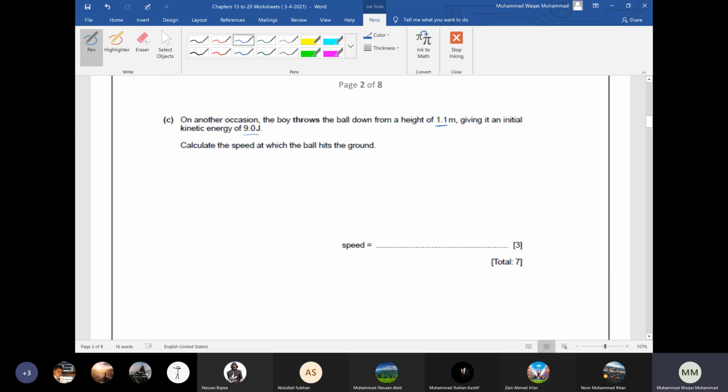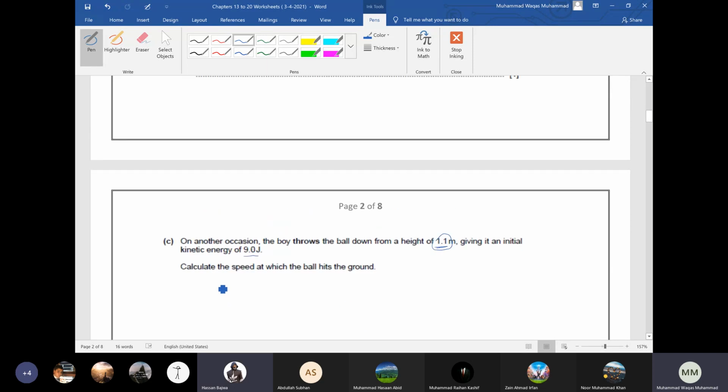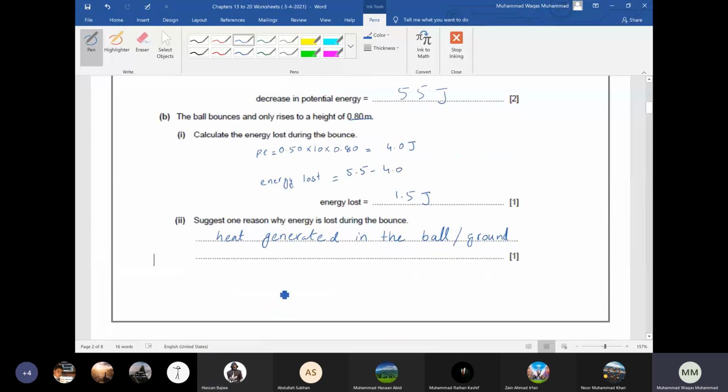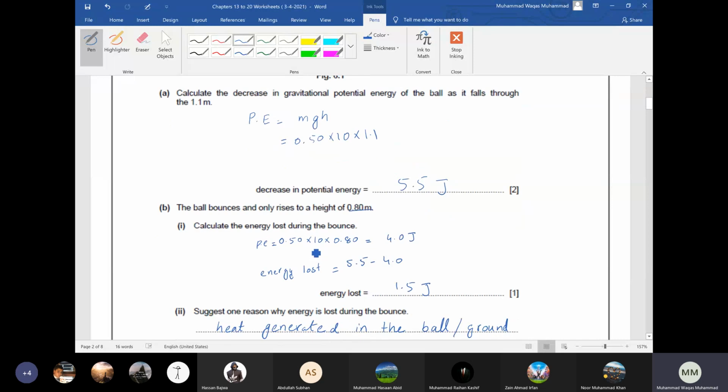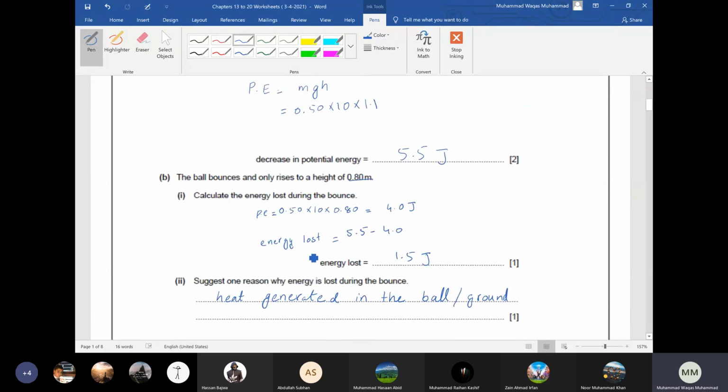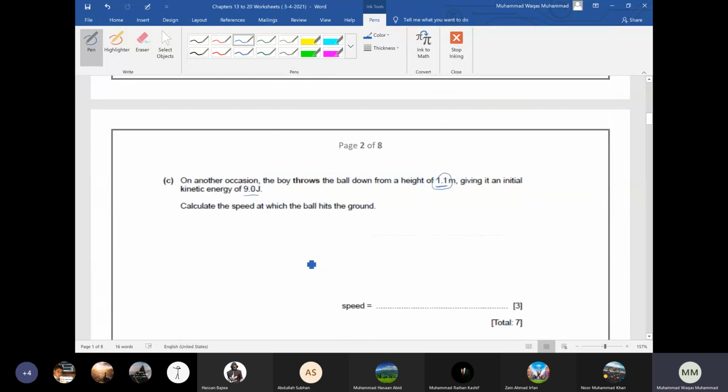Beta, when the ball drops 1.1 meter, we calculated how much potential energy it loses, right? Yes, sir. It is 5.5 joules, and further it is given 9 joules of kinetic energy.